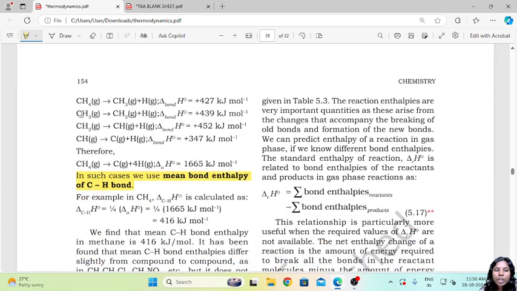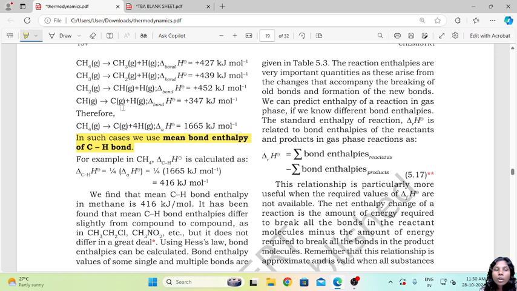Then we take the previous product, CH3, and another hydrogen is going to get lost, so we'll have CH2 and H. Again the bond enthalpy will vary, because our initial reactants are different, correct.